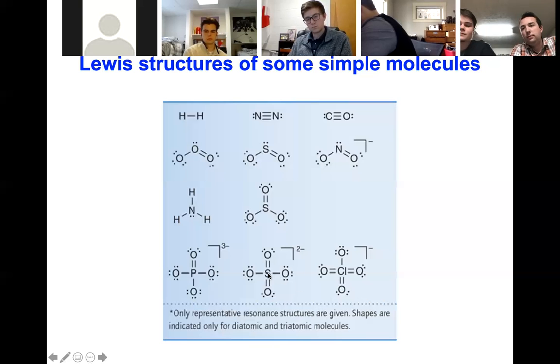If I give you SO4, for example, the first thing you do is draw the non-central atoms around the central atom. First you make the non-central atoms follow the octet rule. Then, if needed, you can maximize the number of bonding pairs for the central atom.